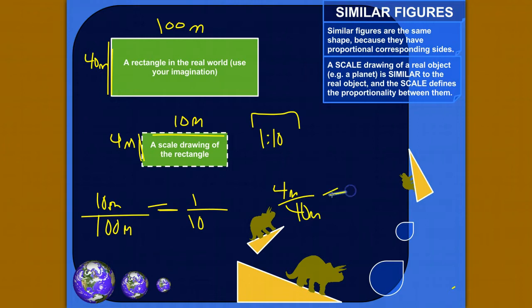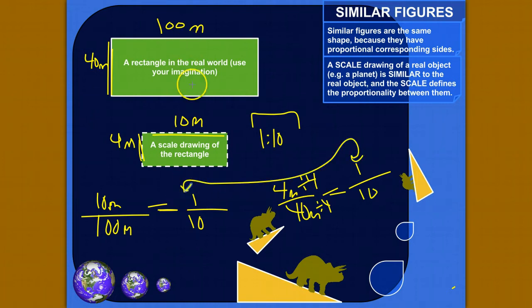And we could reduce that, divide both by 4. I'm getting good at drawing those little dividing lines, sort of. Not really. Those are kind of bad. 4 meters divided by 4 is 1. 40 divided by 4 is 10. So yeah, these ratios have the same value when you reduce them.